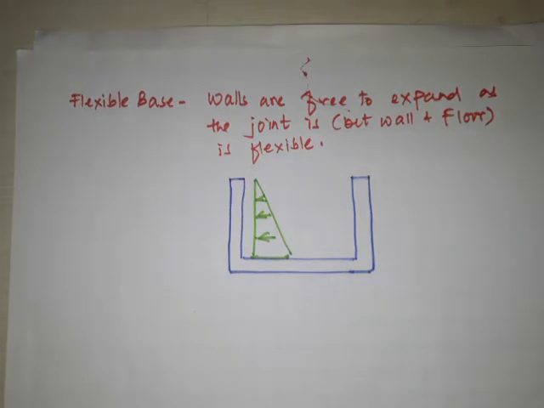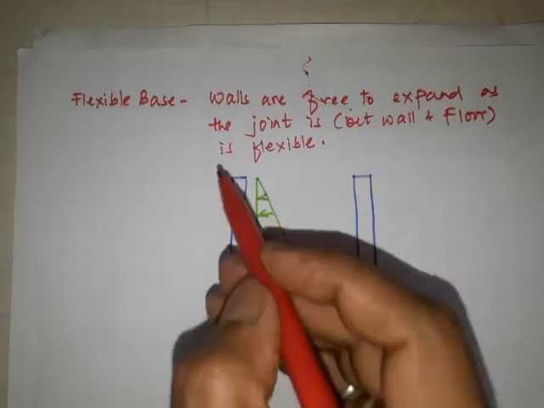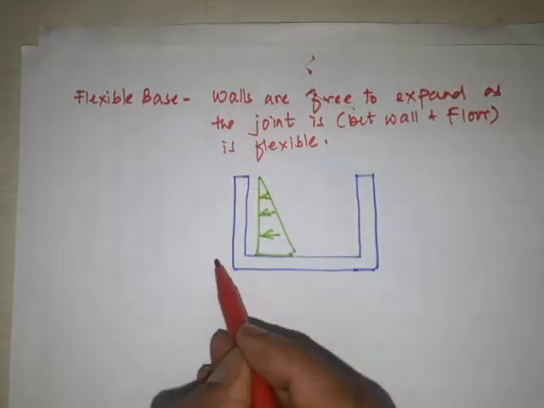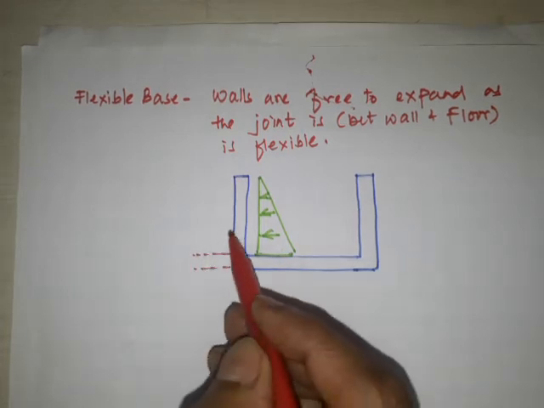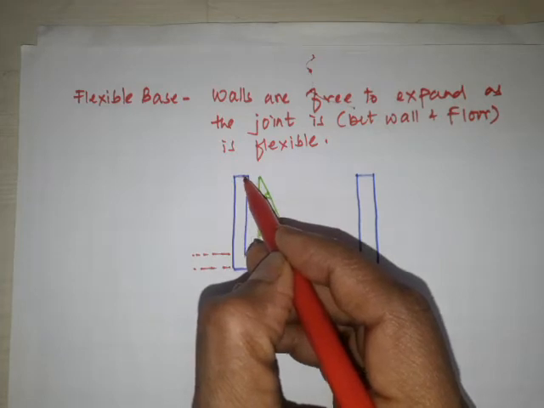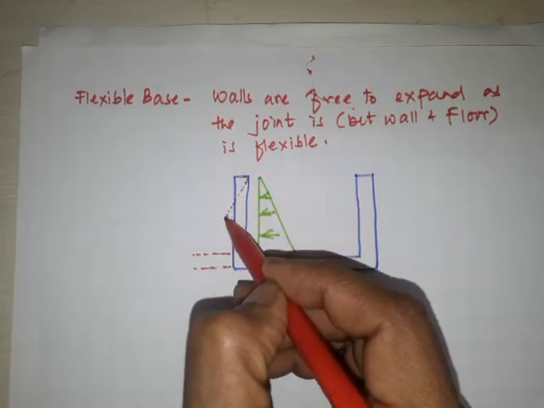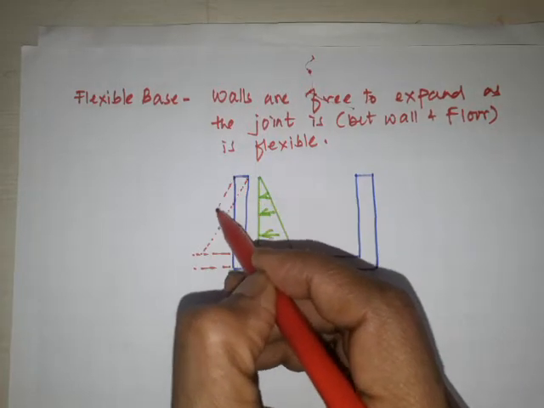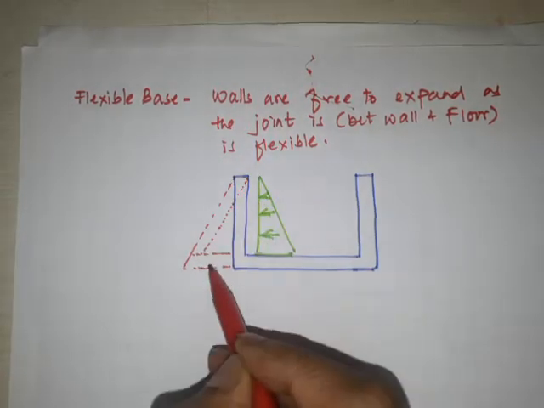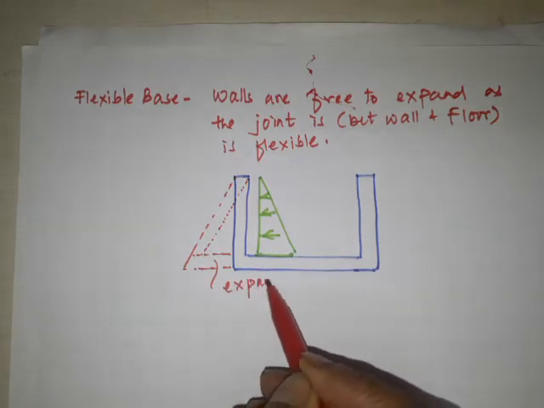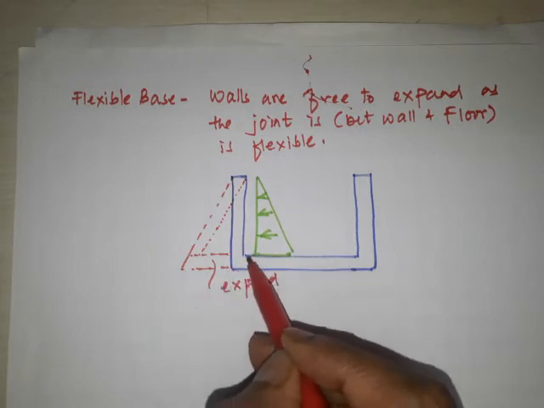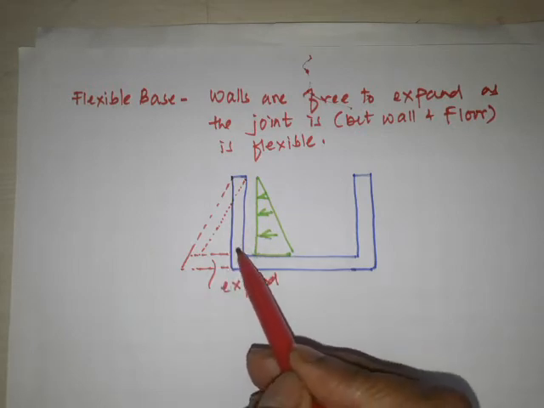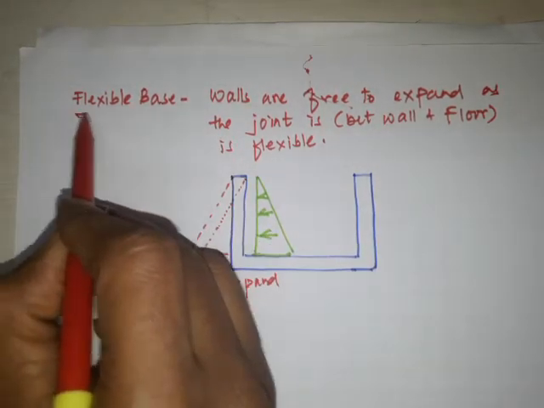Because of that water pressure, the base of the wall may expand, so this part will try to come out, so it may expand like this. Okay, so this is called expansion. Because of the flexibility in the joint, that's what is called a flexible base.